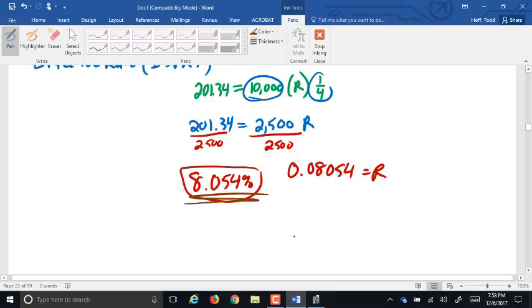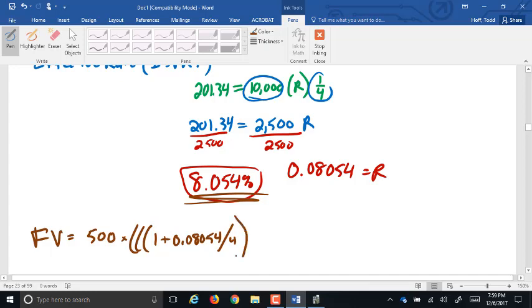So now the future value of this annuity, how much is he paying in every quarter? 500, right? Times, open parentheses, 1 plus 0.08054 divided by 4, since the payments are being made quarterly, to the power of 4 times 10, right? So that'd be 40.